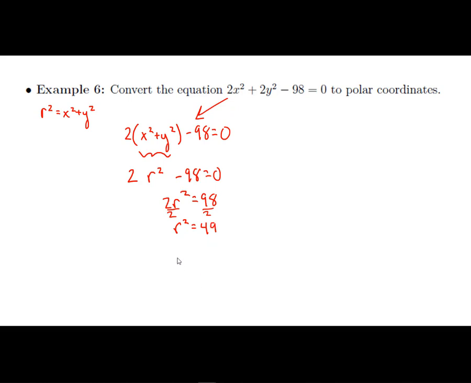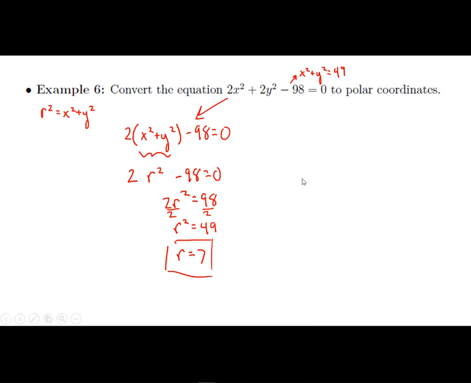And if r squared equals 49, it's safe to say that r equals 7. So what I have for myself here is a circle. And you can recognize that this can be rewritten as x squared plus y squared equals 49, which we would identify as a circle centered at the origin with radius 7.